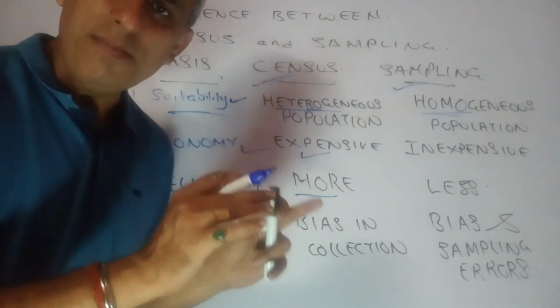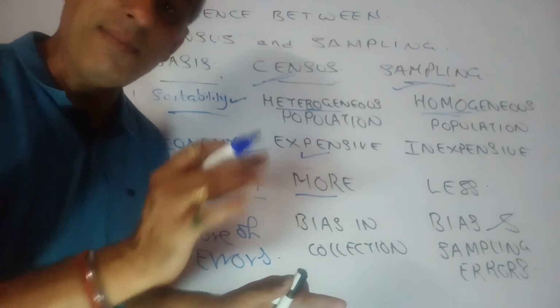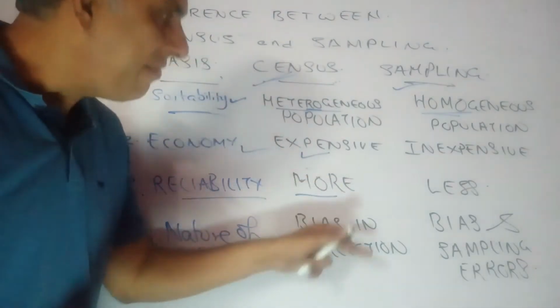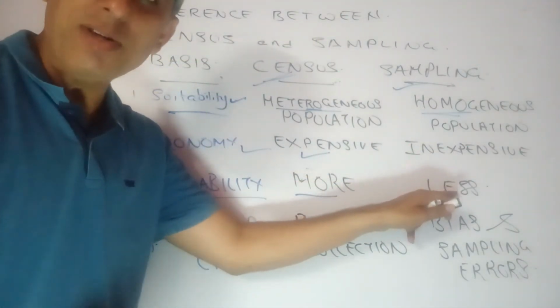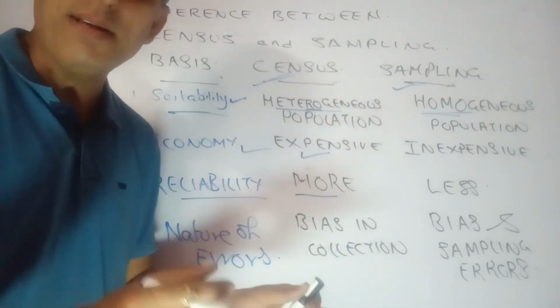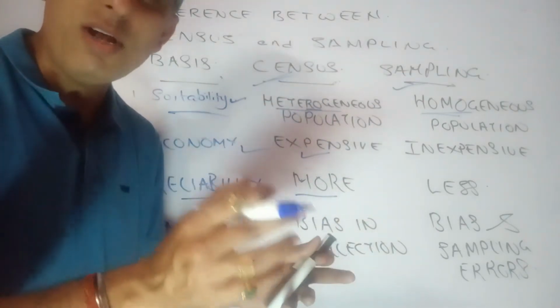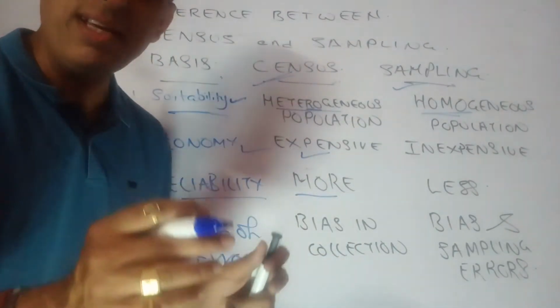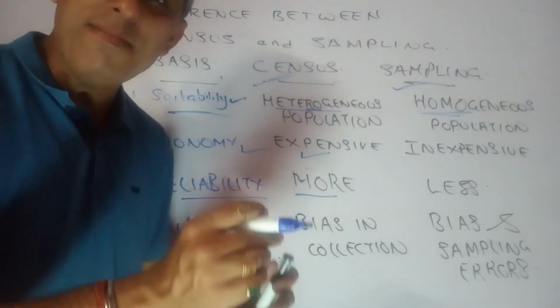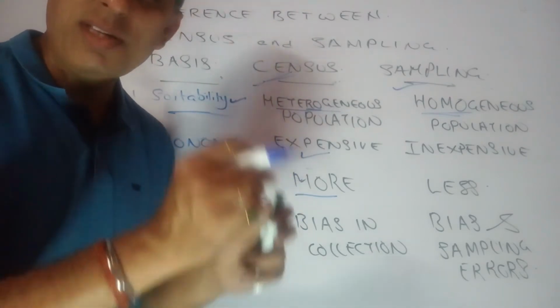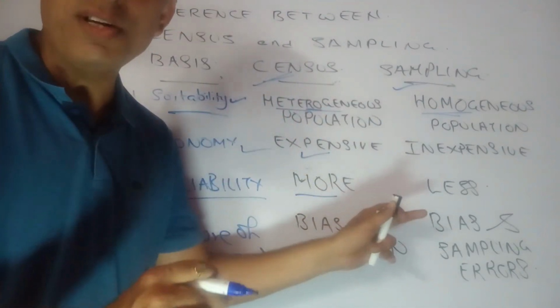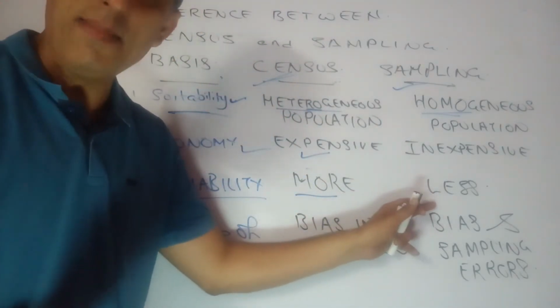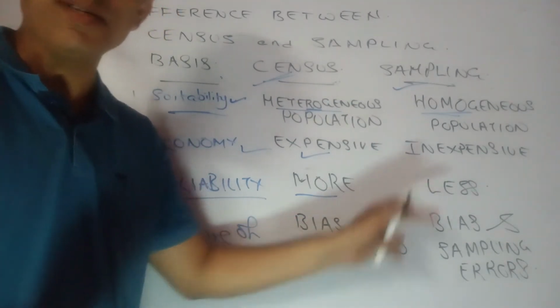So even though money is involved, time is involved, reliability will be generally higher when compared with sampling method, because naturally you are not taking each and every element, you are taking only a small proportion of it and you are generalizing it. So naturally there might be an element of doubt with the credibility of the results shown by the sample. Am I clear? So reliability might be a little bit less.